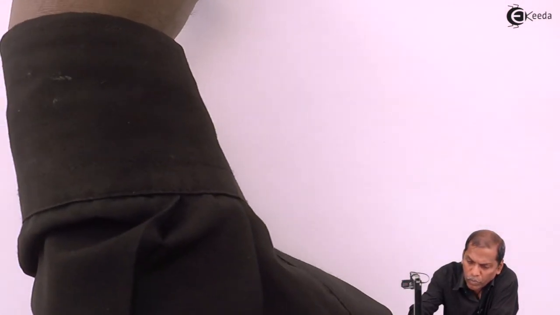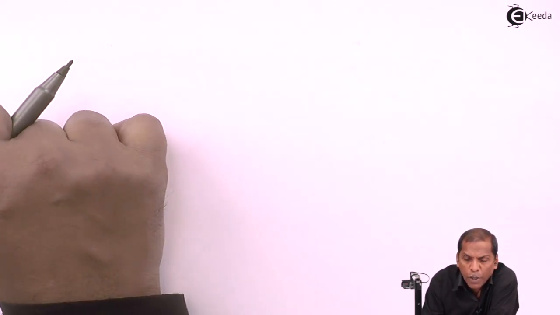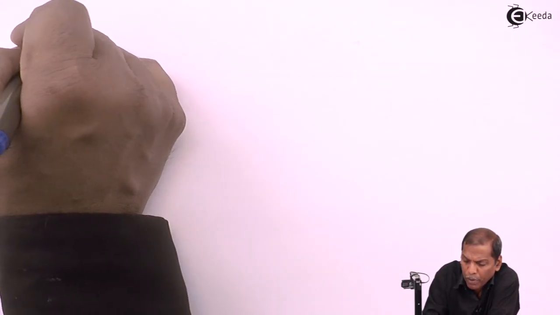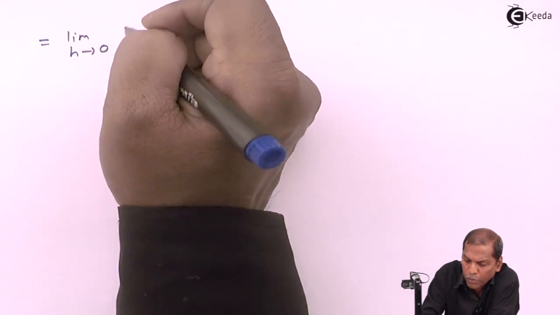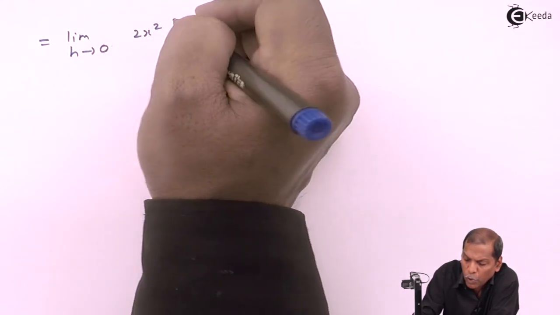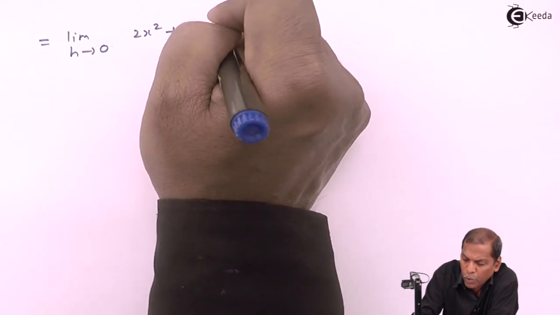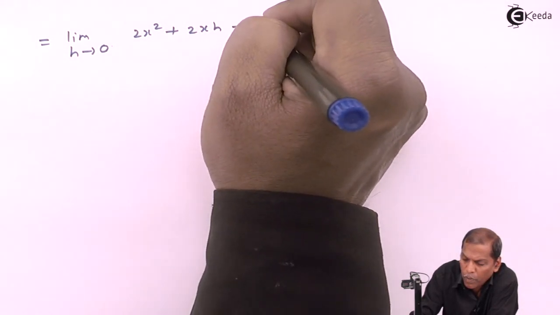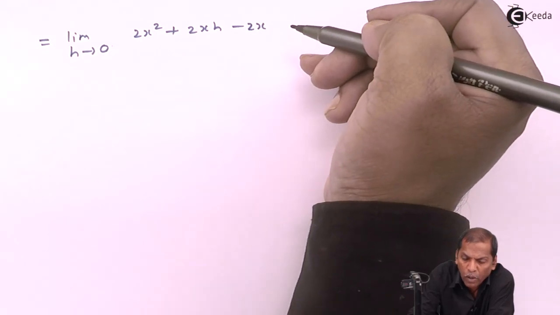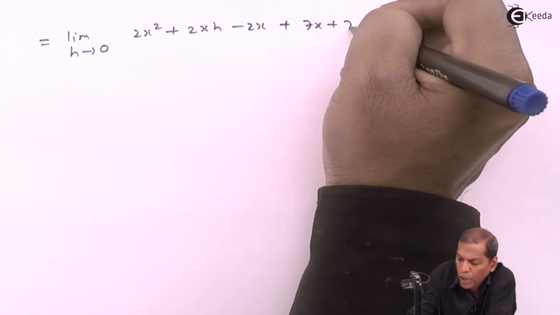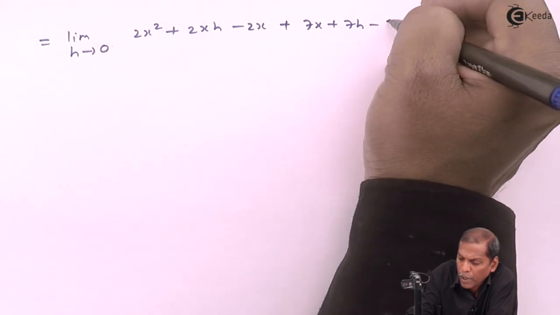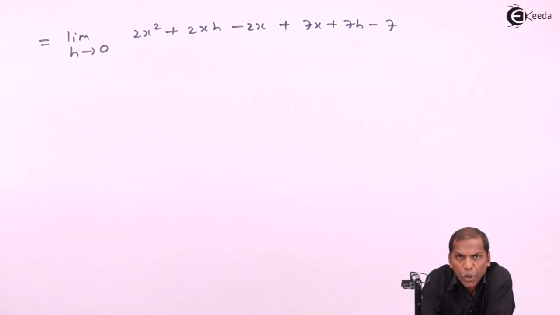On simplifying the brackets, the next step is limit h tends to 0, 2x² + 2xh - 2x. The next term is plus 7x plus 7h minus 7. That first bracket we write as it is.